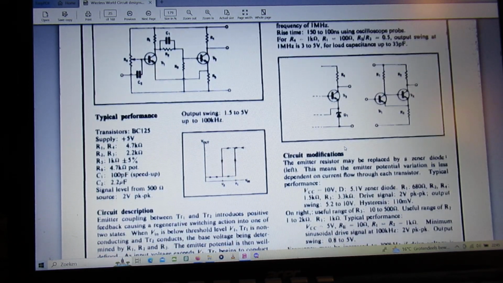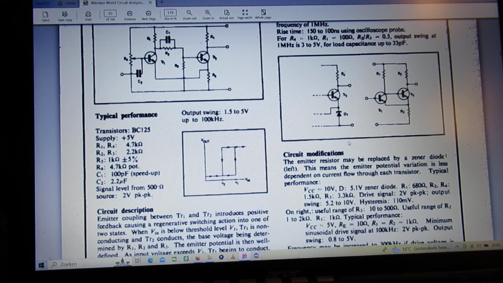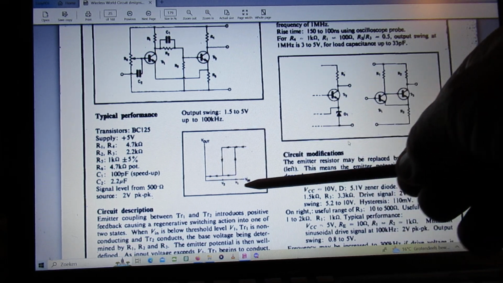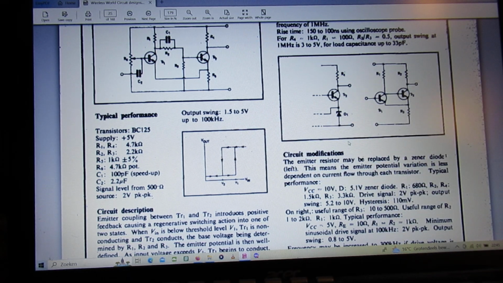Anyway, you can also see here how that works. This is the waveform and where it switches.